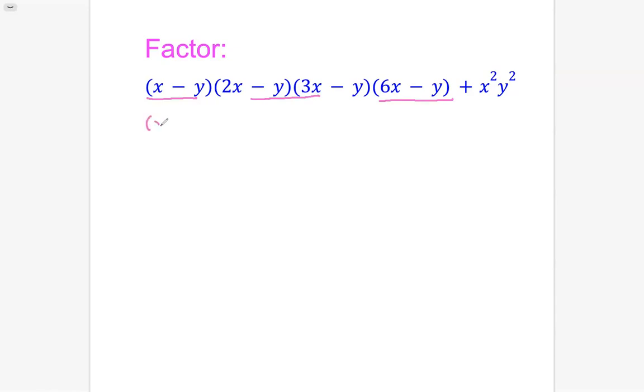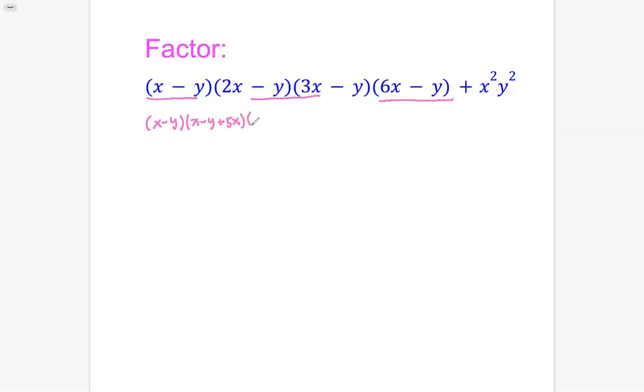So x minus y, we just keep writing it. Now, out of 6x minus y, we want to write as x minus y plus 5x. In this case, we still have 6x. But somehow by doing this, we say we have x minus y times x minus y.